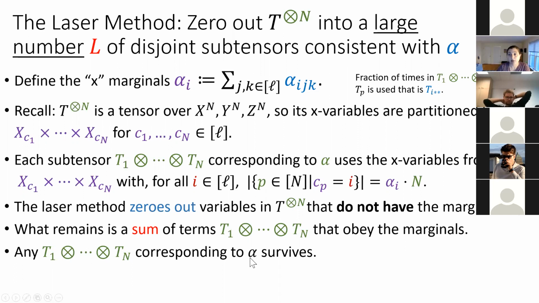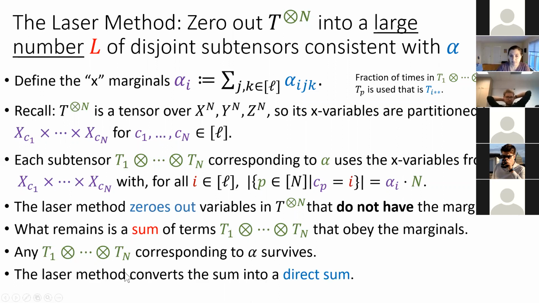However, there might be some distributions that have the same marginals, and then the terms that correspond to those distributions will also survive. Okay. So then what the laser method does is after it picks the marginals, zeroes out variables that don't correspond to the marginals, and then it uses a different method to get a direct sum out of those. Okay, so any questions at this point?